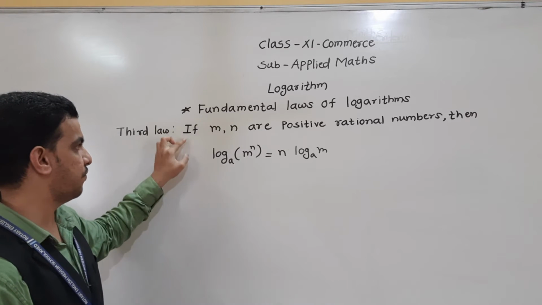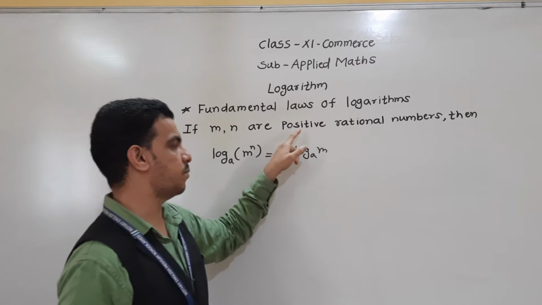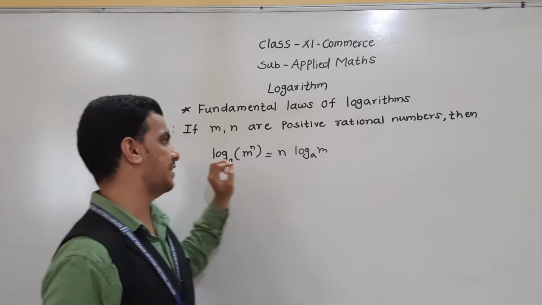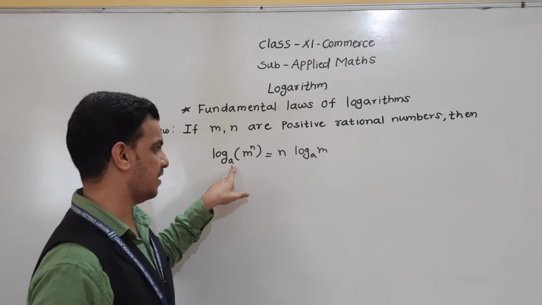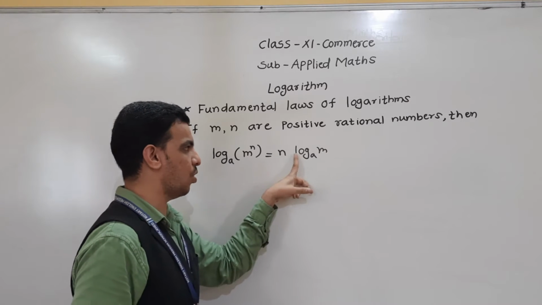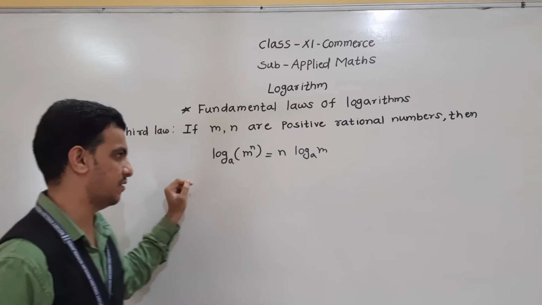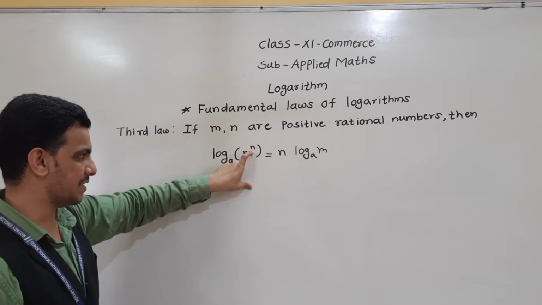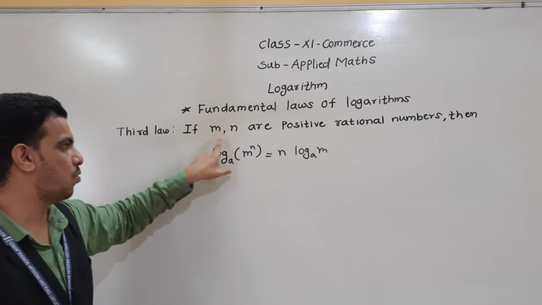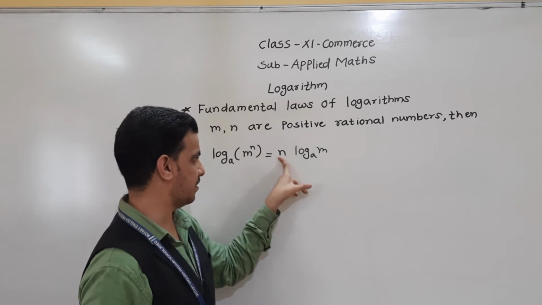Third law is, if m, n are positive rational numbers, then log of m raised to n to the base a is equal to n log m to the base a. Means if argument raised to something is there, then we can take this power in front.